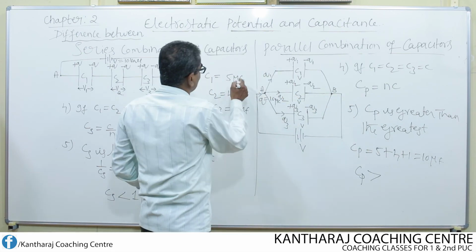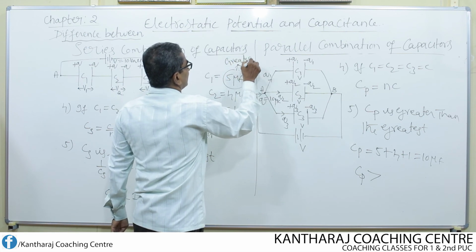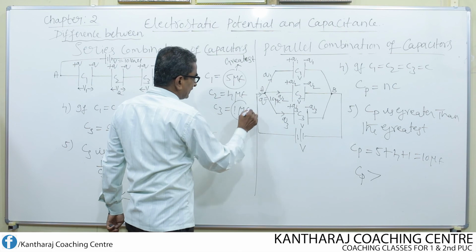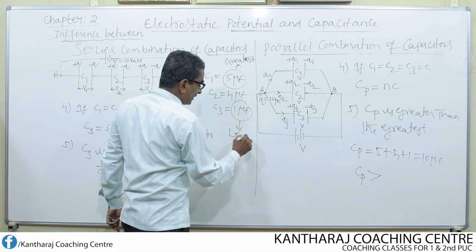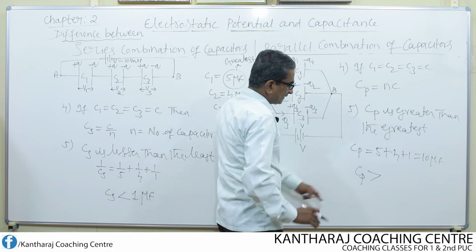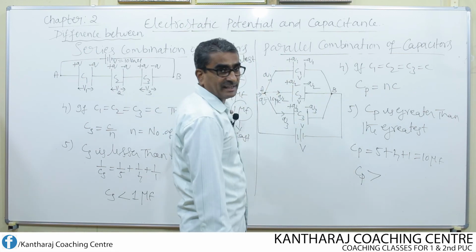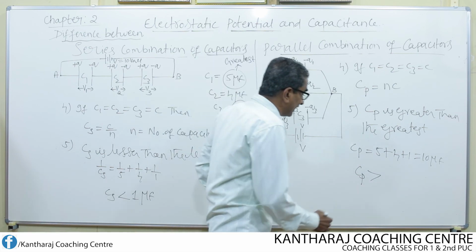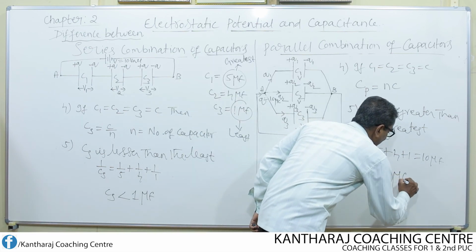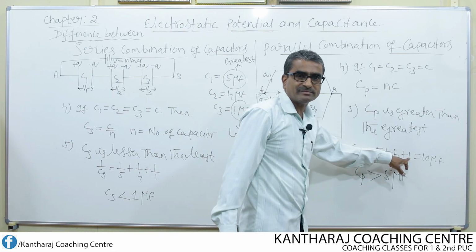Which is the greatest here? So this is considered to be the greatest, and this is considered to be the least value of capacitance. In this case, it is lesser than the least. Whereas in case of parallel combination, Cp is found to be greater than the greatest. That means it will be greater than 5 microfarad. You add this, 5 plus 4, 9, 9 plus 1, 10.